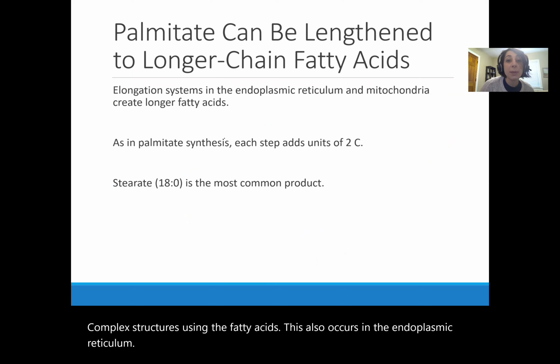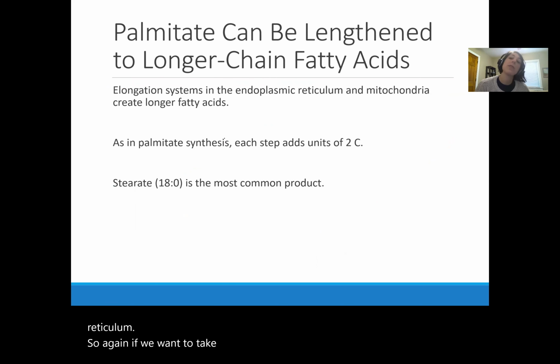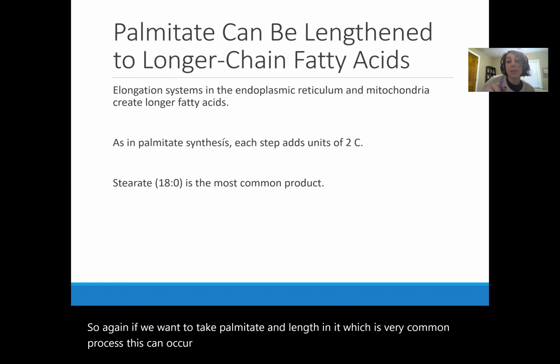So again, if we want to take palmitate and lengthen it, which is a very common process, this can occur in the endoplasmic reticulum. There are also some mechanisms for lengthening in the mitochondria as well.